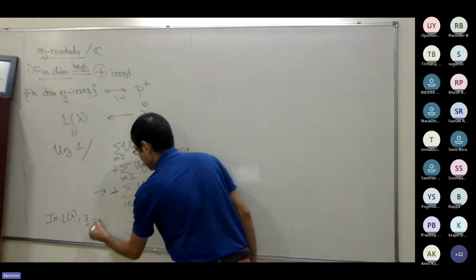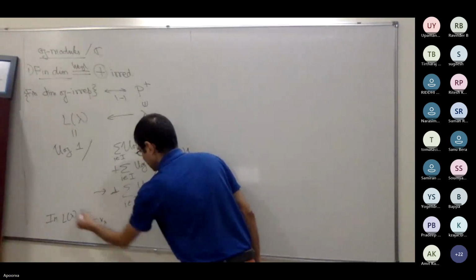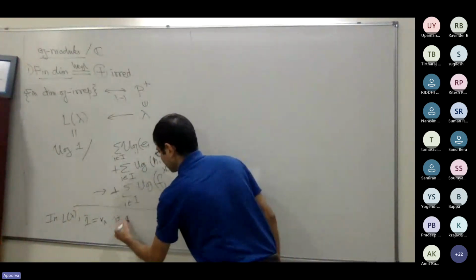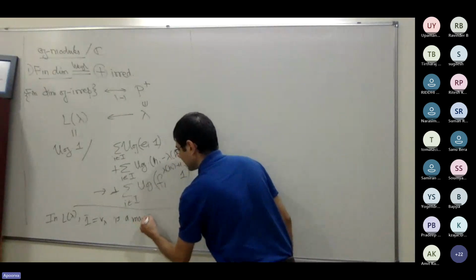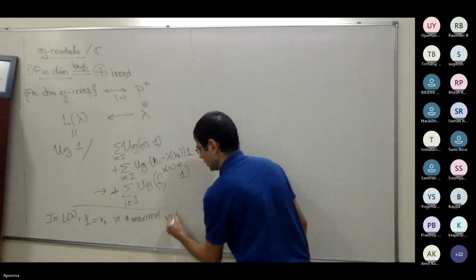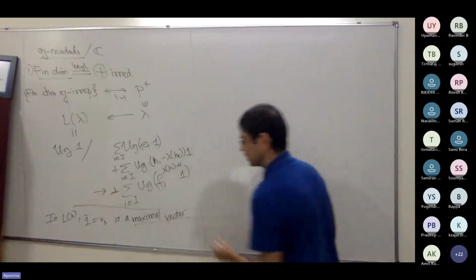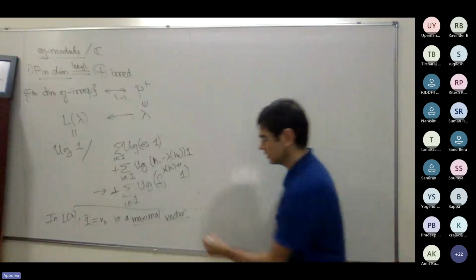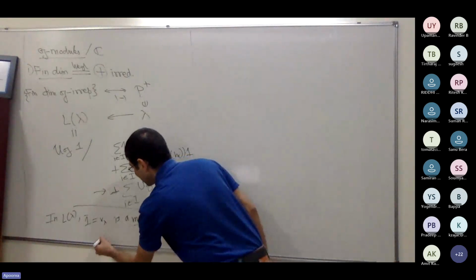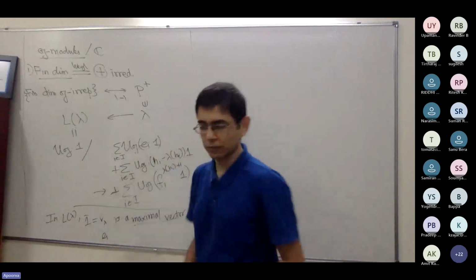In M lambda, the image of 1, let's call this v lambda, is a maximal vector. Was maximal vector defined anywhere? I'll mention it again. What this means is that if you apply... actually, maybe I should say the following first.